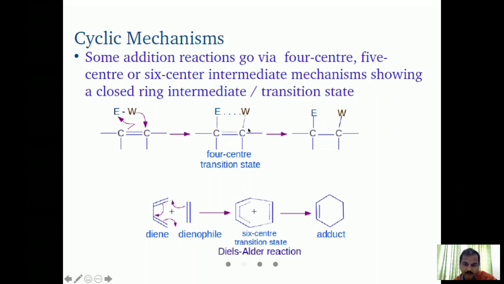There are four centers in the transition state, and finally they will form a product. And if this is a diene and this is a dienophile, and these react, then there is formation of a six center cyclic transition state, and that will form a product.